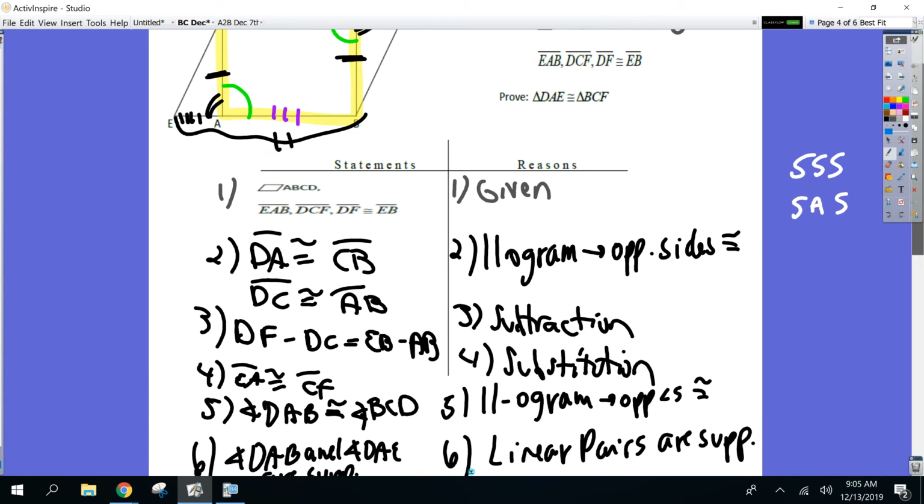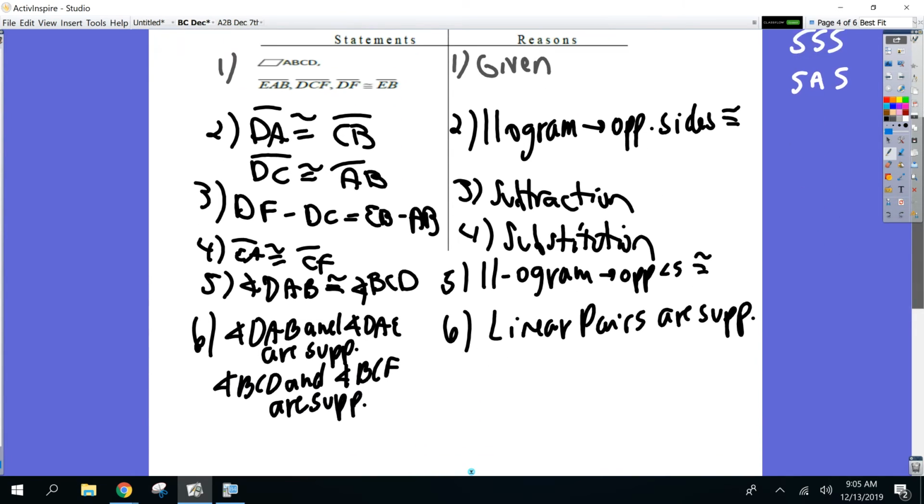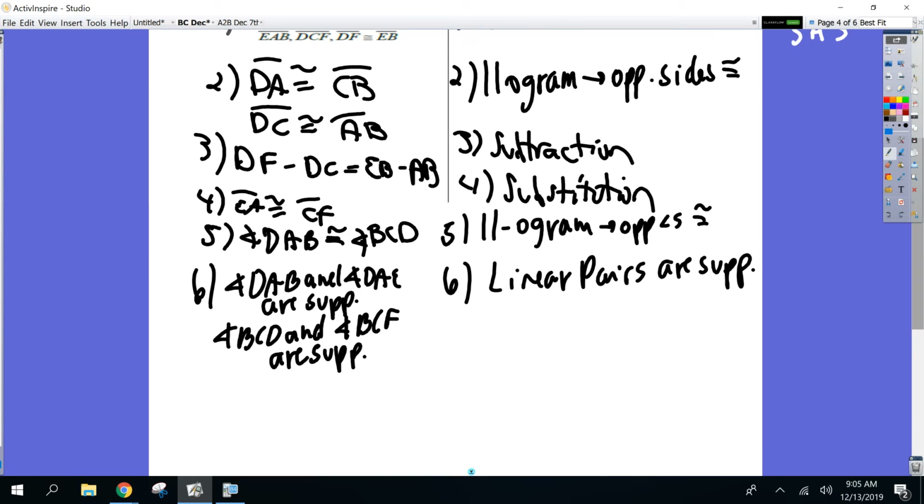And then I'm going to need somebody to tell me the method why those triangles are congruent. Angle DAE congruent to BCF. Supplements of congruent angles are congruent.